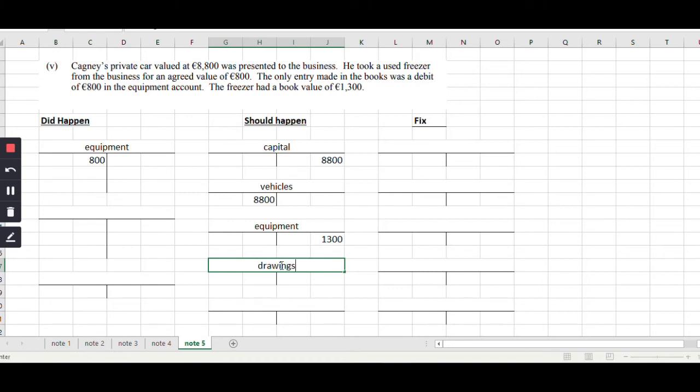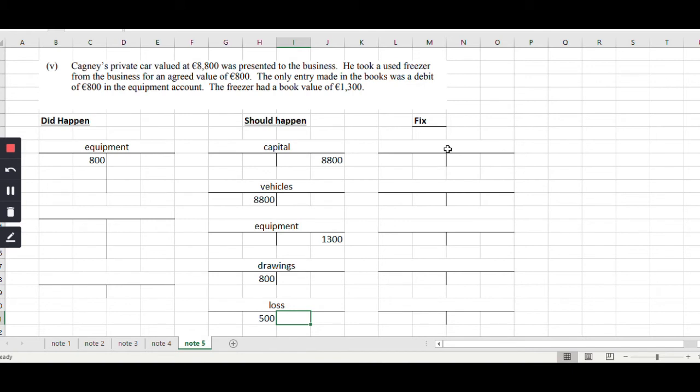That's drawings of €800. It was worth €1,300. He took it out of the business for €800. So in the books, that will be a loss of €500. Okay, so that's what should have happened.